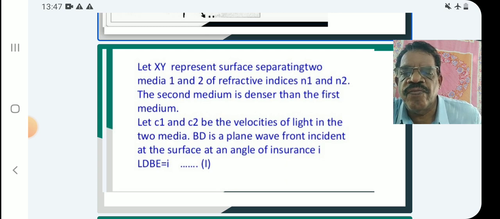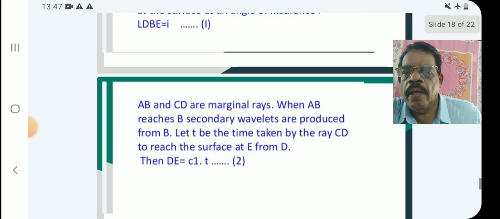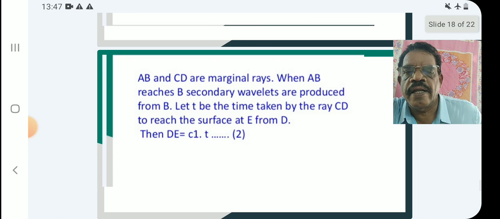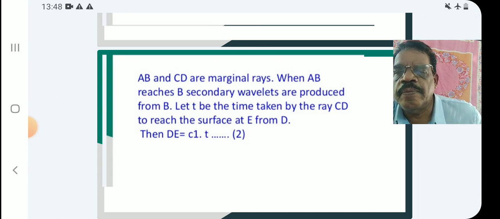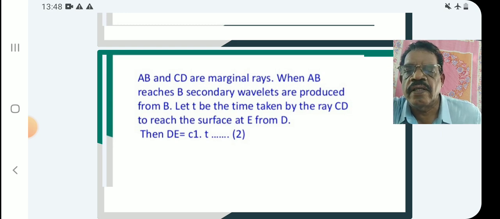BD is a plane wave front incident on the surface at an angle of incidence I. That is angle DBA. Angle DBA is I, equation number 1. AB and CD are marginal rays. When AB reaches B, secondary wavelets are produced from B. Let T be the time taken by the ray CD to reach the surface at E from D. Then DE is C1 into T, equation number 2.